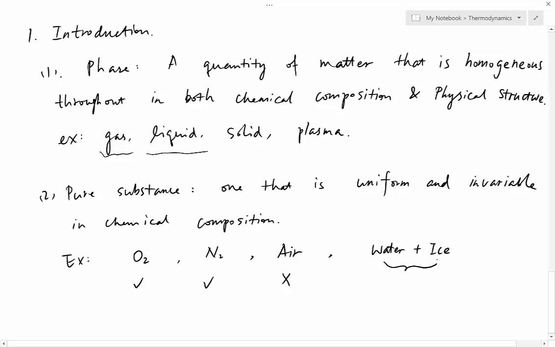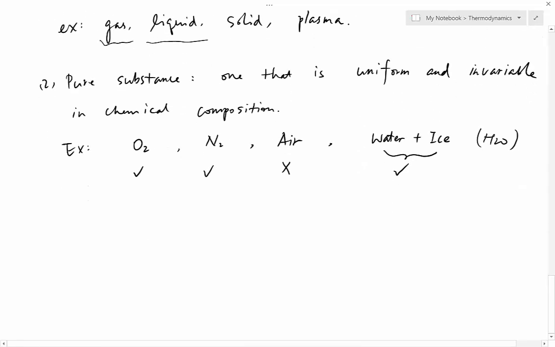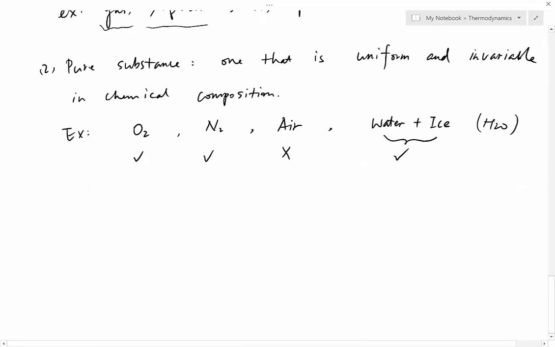Yes, they do, and that is H2O. So, yes, because they have the same chemical formula, H2O. The only difference between them is they have different physical structure. One of them is liquid, the other one is solid. But it doesn't matter because the only requirement for you to call something pure substance is they have to be uniform and invariable in chemical composition. Okay, so that's pure substance.